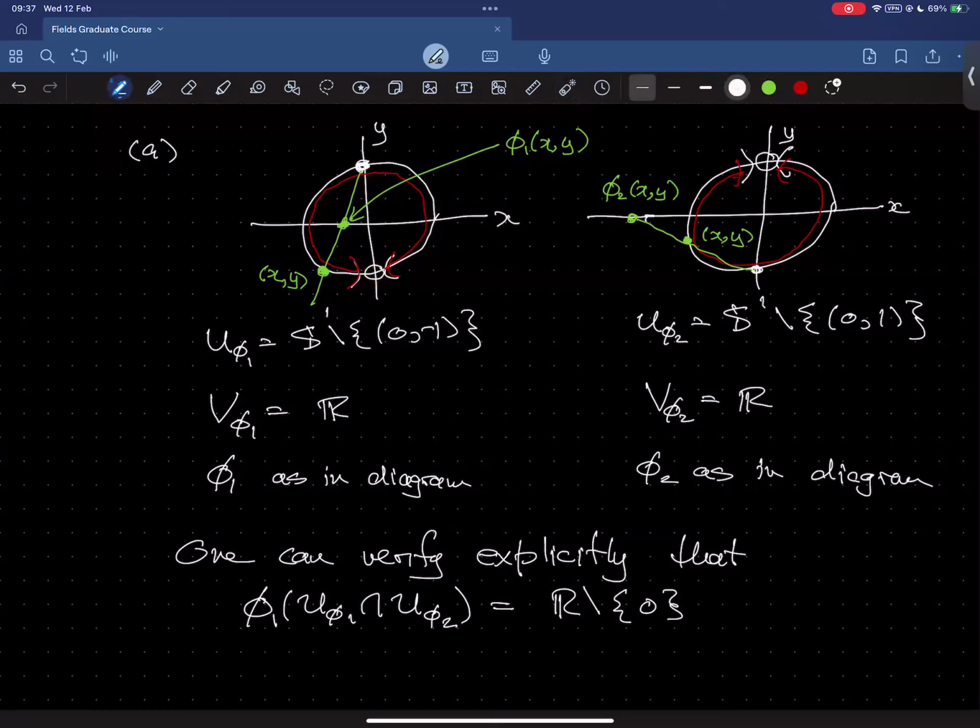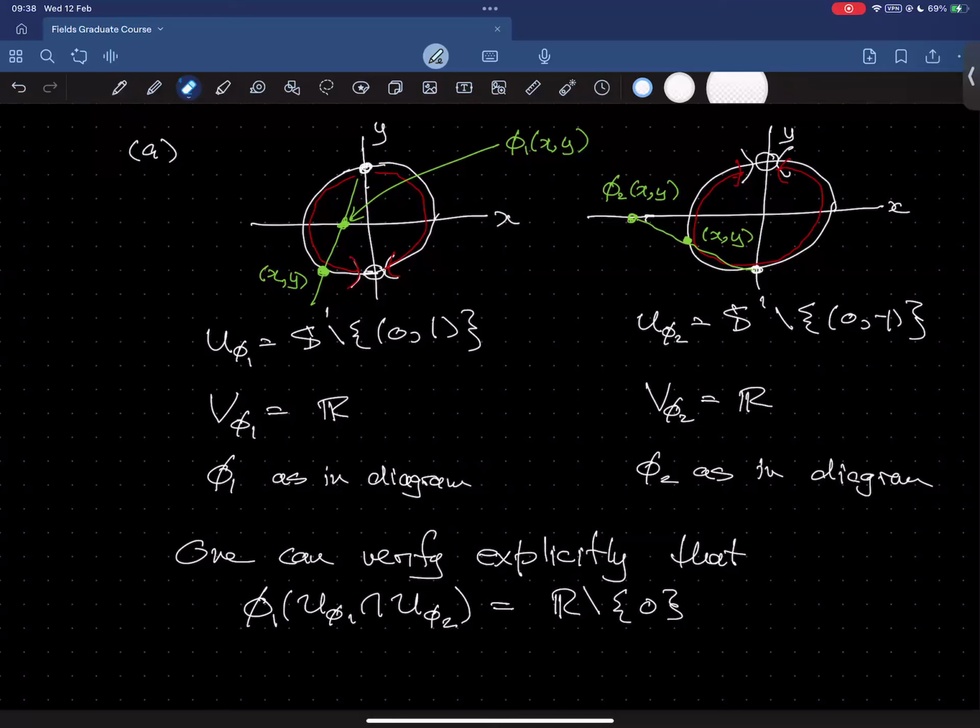I think I have to apologize here because I did something stupid. In this chart, I said I removed the point at the South Pole, but I don't. I'm very sorry, I screwed this up. For U phi1, I remove this point, and for U phi2, I remove this point. This is what I initially drew, and then I decided to also remove the other point.